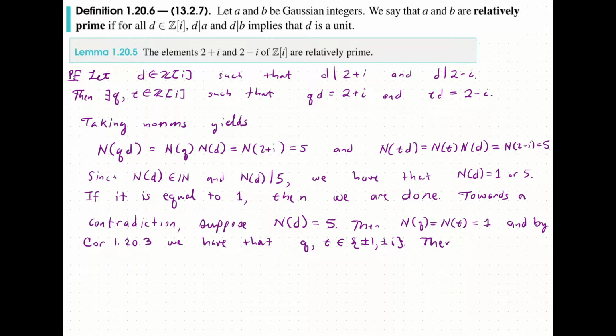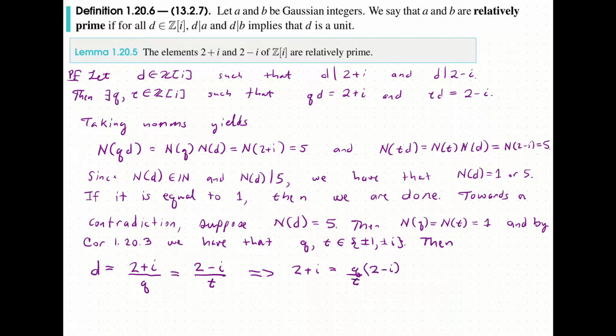So then we have that d is equal to 2 plus i over q, which is also equal to 2 minus i over t. So we have this here. Now, if we solve for 2 plus i in this equation, we have 2 plus i is equal to q times 2 minus i over t.